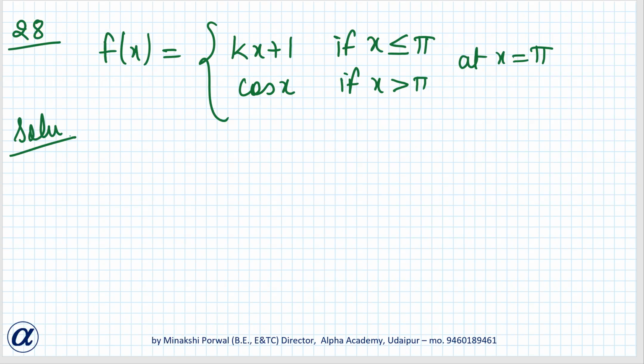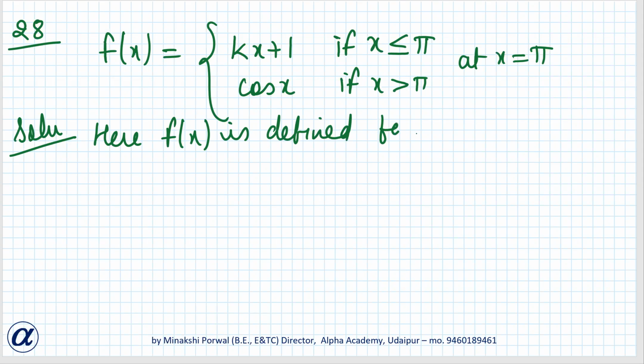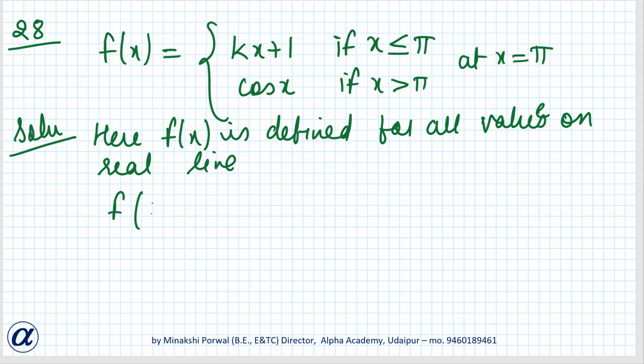Solution: here also you can write that the function is defined for all values on the real line. Now f of pi is equal to k pi plus 1.